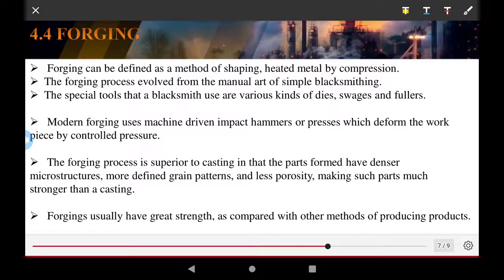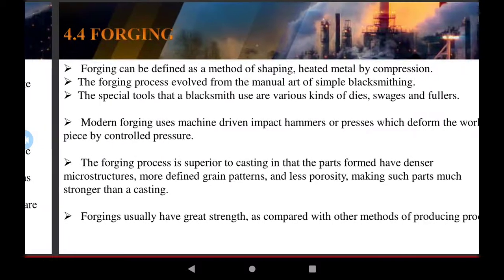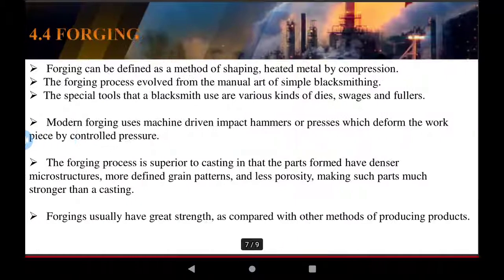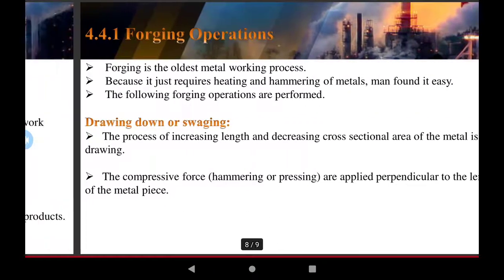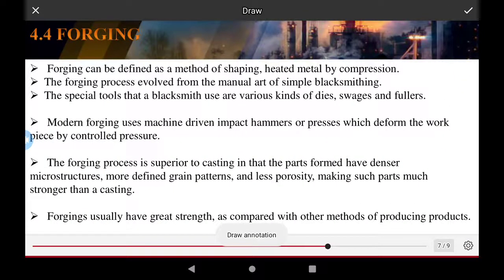Forging. What is forging? Forging can be defined as the method of shaping heated metal by compression. The forging process evolved from manual work for simple blacksmithing.